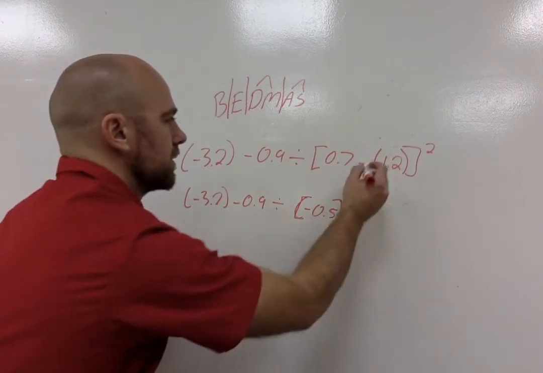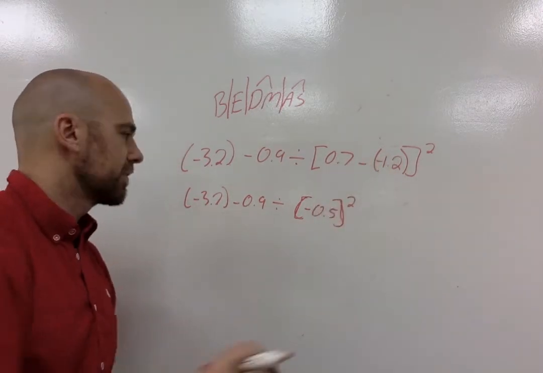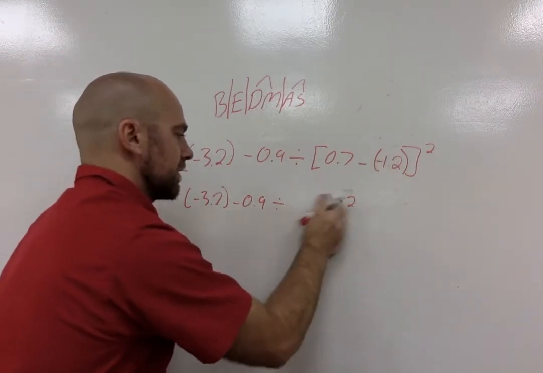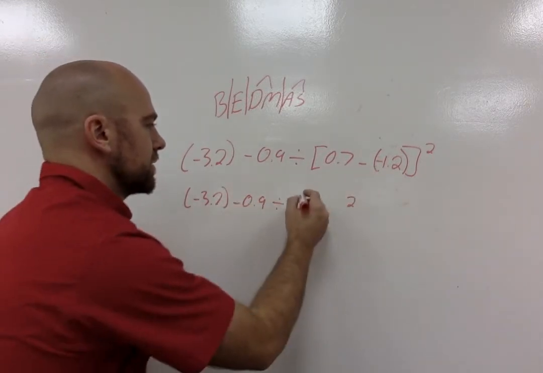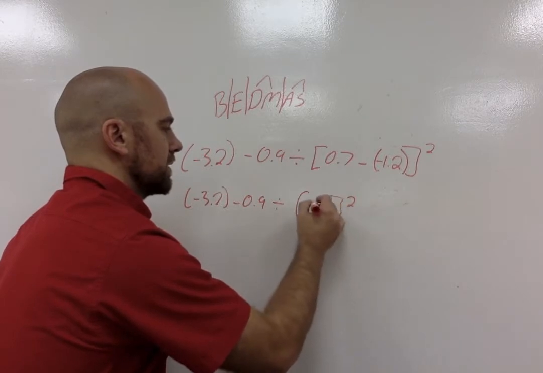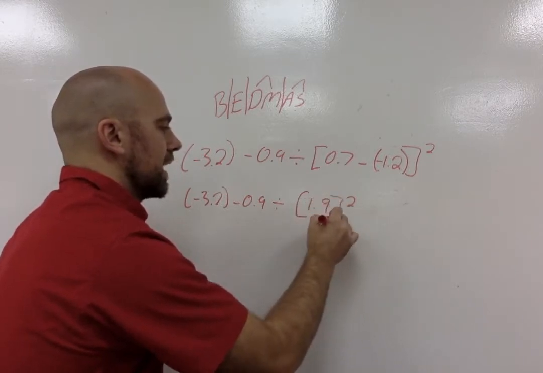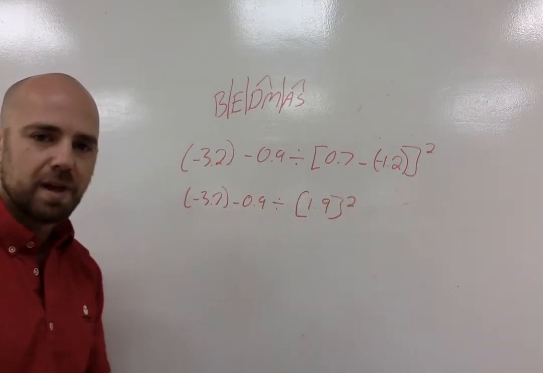Oh, sorry. This is supposed to be a negative. That changes everything. All right, let's fix that. So we have positive minus a negative, which is going to give us a bigger positive. So that's going to give us 1.9. There we go. That looks better.